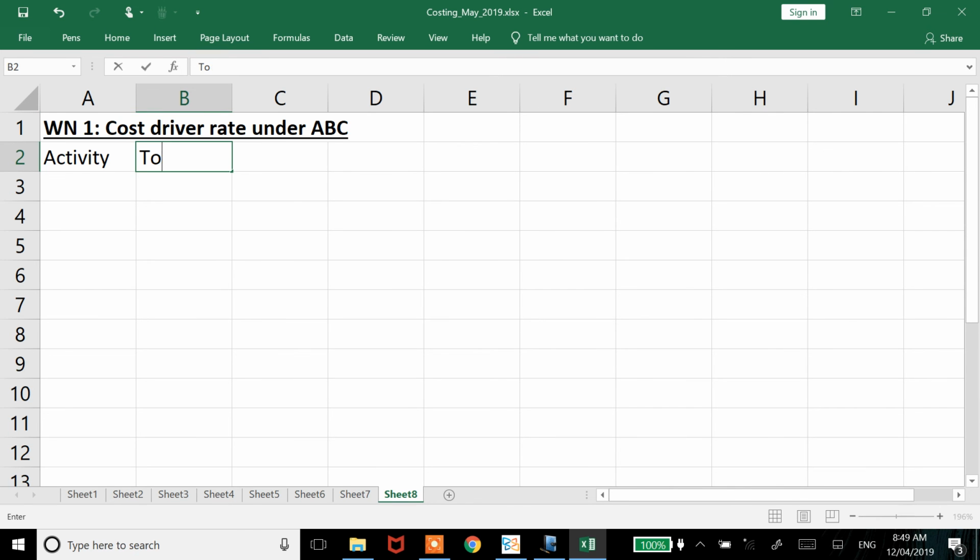Activity, total cost, cost driver name, cost driver quantity and cost driver rate. Major chunk of this is readily available in the question. Our job is just to divide and then get to the answer.